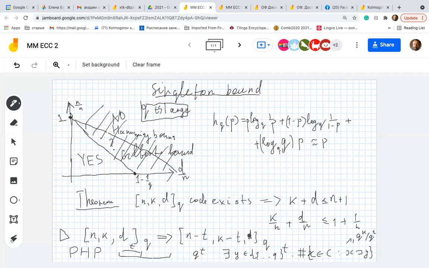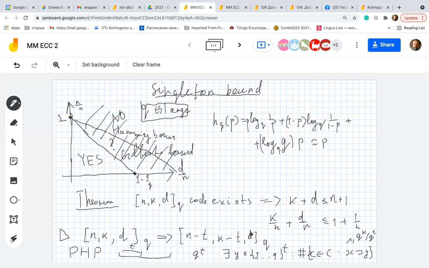So then we take all those q to the k minus t code words, erase the prefix, and so we obtain code words of length n minus t because we have trimmed the first t symbols. And we keep the minimal distance because all those code words had d positions in which they were different.